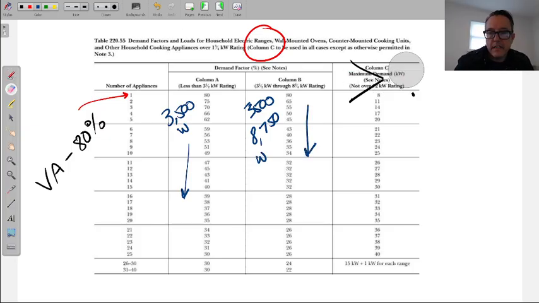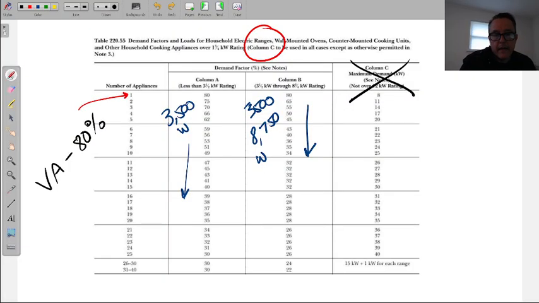Once it starts to get large, bigger than 8,750, it starts to get into a way more complex calculation. This now becomes about the wattage, and starts to get a little too complicated to deal with right now. So for now, like I said, we're going to ignore column C.